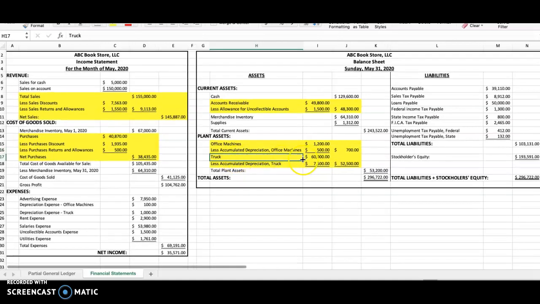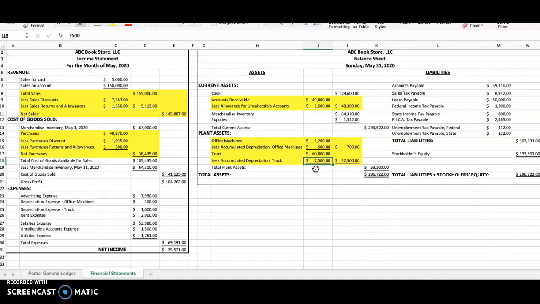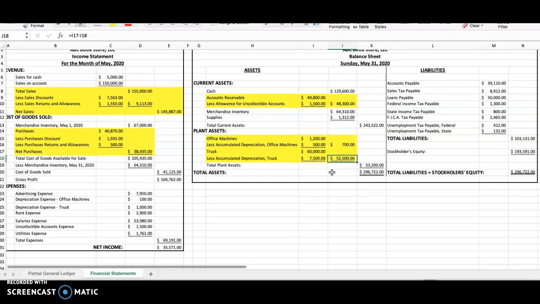Truck originally purchased for $60,000, and it has depreciated by an amount that we calculated to be $7,500. Subtract that from $60,000. The net value of our truck now is $52,500. So those are nothing new. Those are now shown on the balance sheet as contra accounts to make accounts receivable and a couple plant assets more accurate.